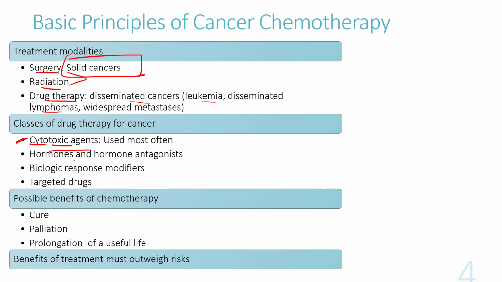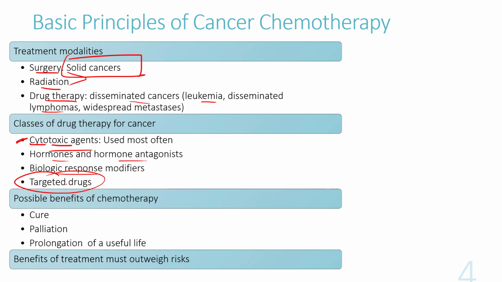And then some cancers respond well to hormones or hormone antagonists. Some respond to biologic response modifiers, and some cancers, very few of them at the moment, respond to drugs that are specifically designed to target that particular cancer. But again, those are very few and far in between.